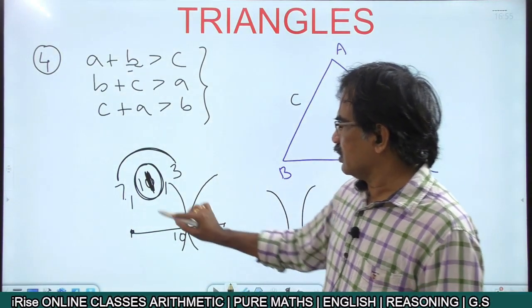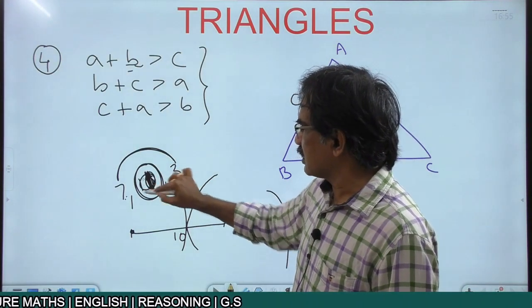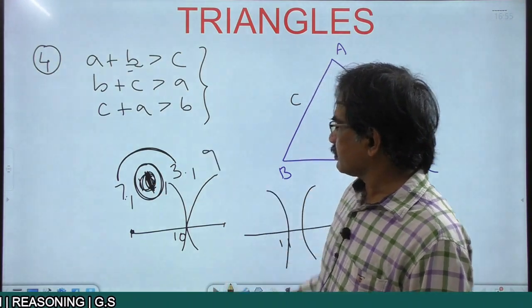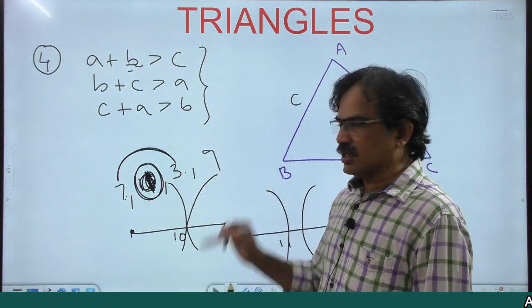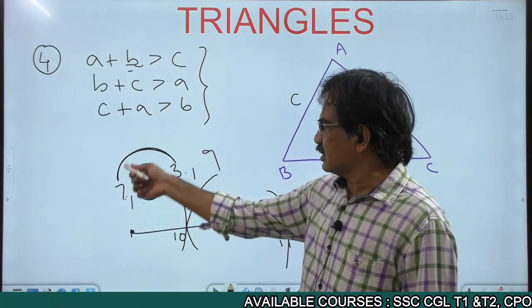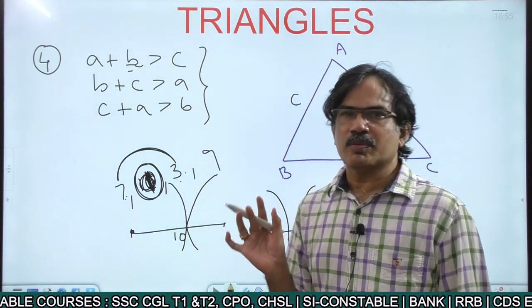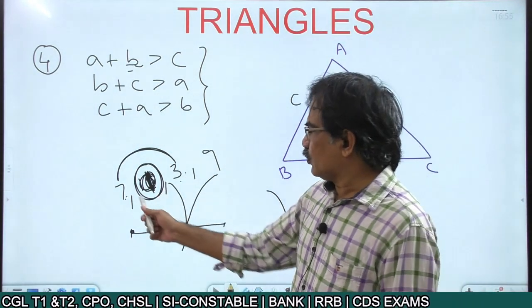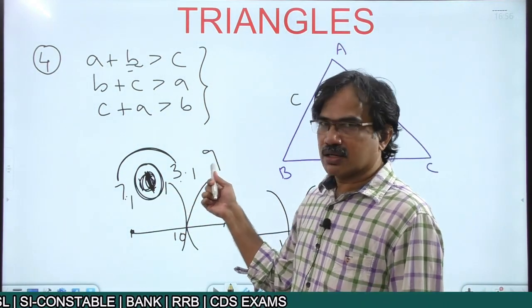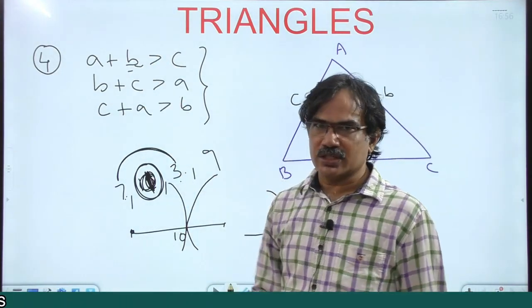For example, I want to consider this as some 9. 7 plus 3 greater than 9. Automatically 3 plus 9 greater than 7, 7 plus 9 greater than 3. So, check only the minimum condition. That is, sum of two minimum sides must be greater than third side. That is enough. Not necessary to check all these conditions.